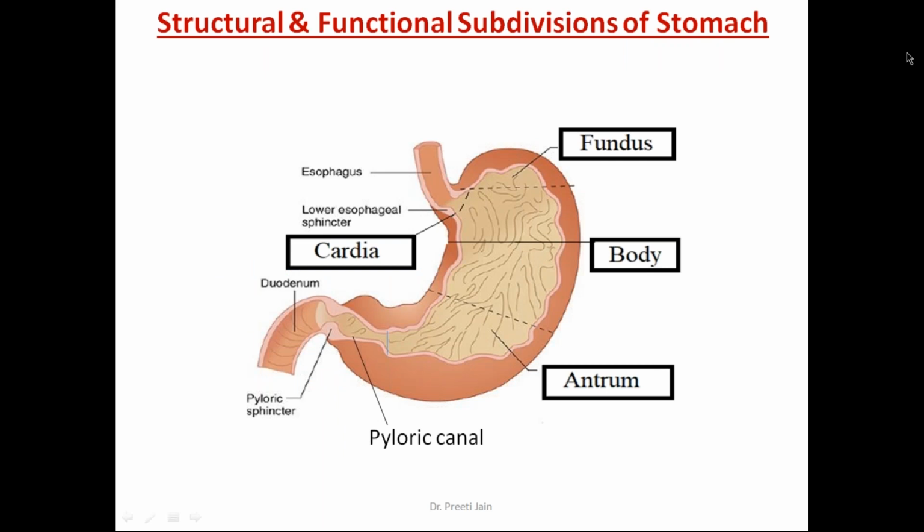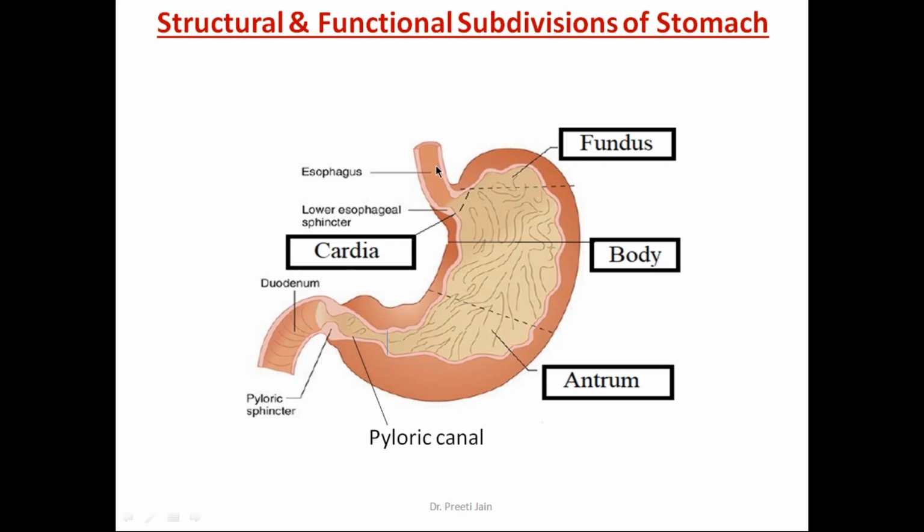So this is again the structural and functional divisions of the stomach. It's a hollow muscular organ which can be divided into the fundus, the body, the antrum, and the pyloric canal. The exit of the stomach into the small intestine is guarded by the pyloric sphincter, which is a modified circular muscle layer.